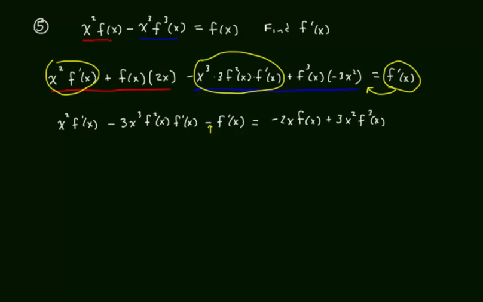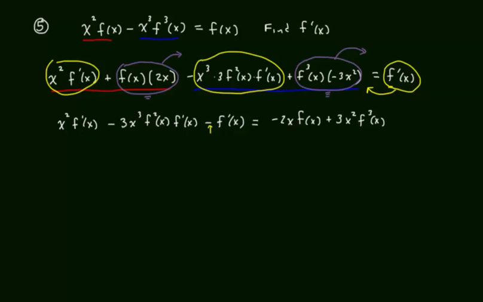What I did in this particular case was I took the terms that do not have f prime of x, the ones circled here in purple, and I brought them to the other side. So it's going to be minus this term and then plus this term. That's what leads me to my equation at the bottom here.